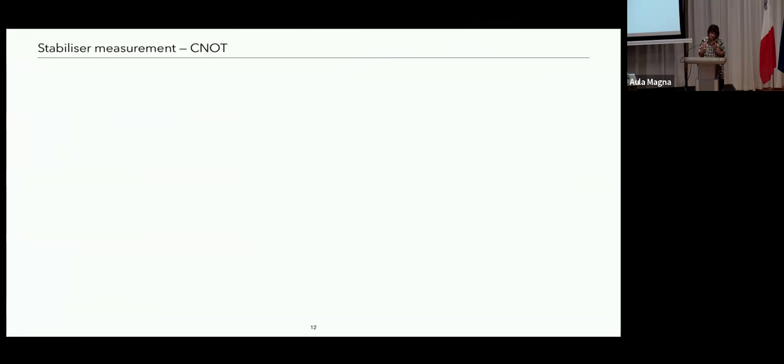So to conclude the picture, it's probably worth taking a step closer to the qubits. I've talked about stabilizer measurements, and I've said we measure the stabilizer and we have the syndrome.